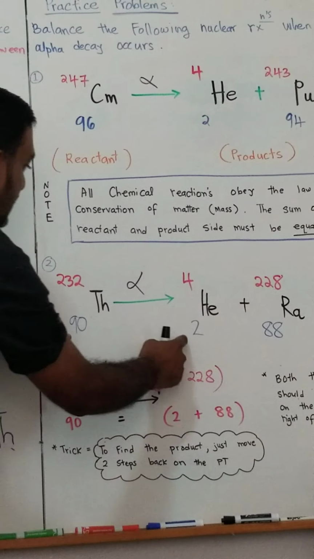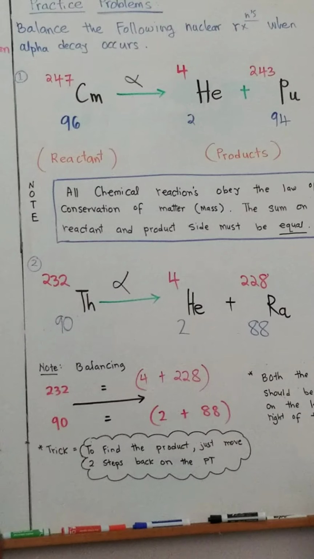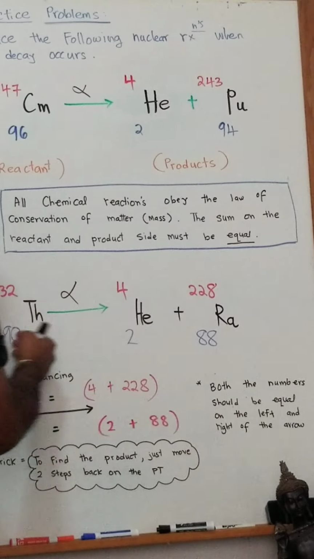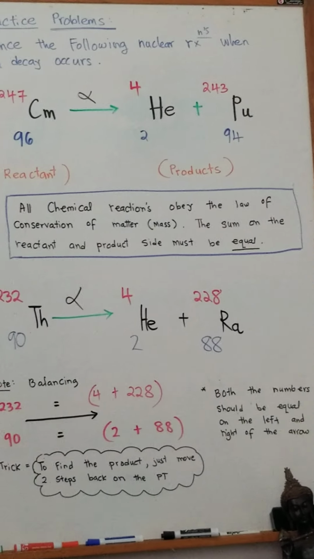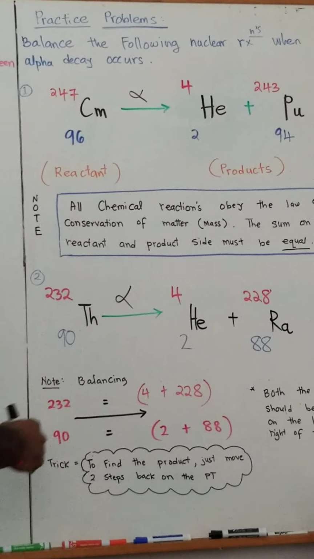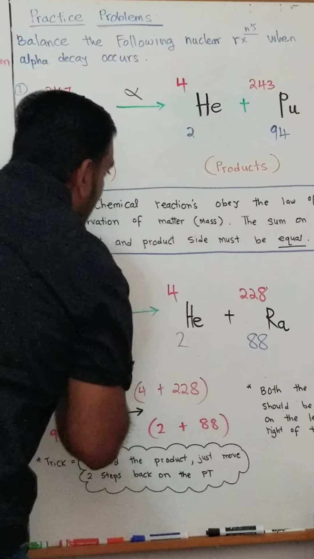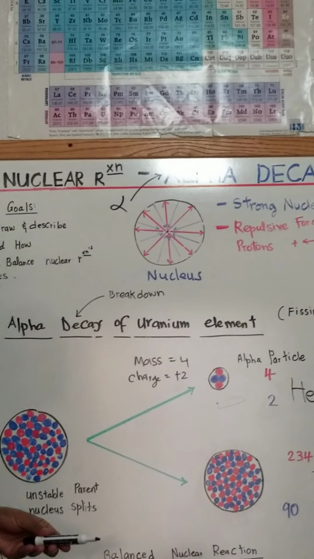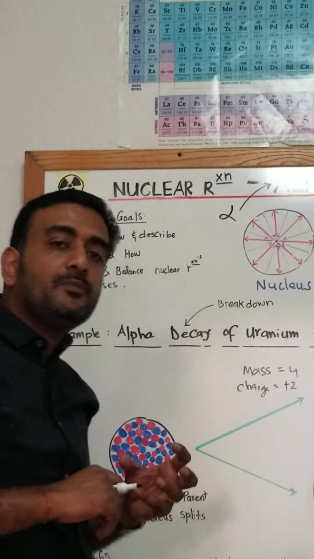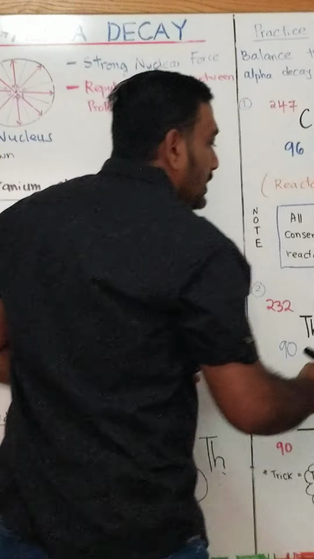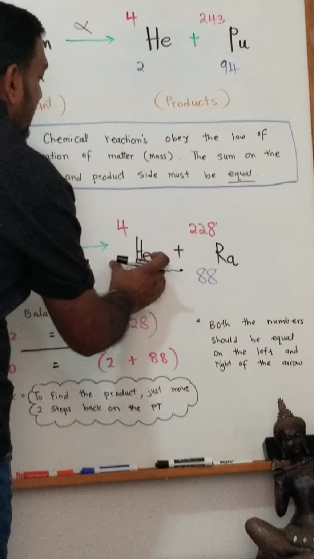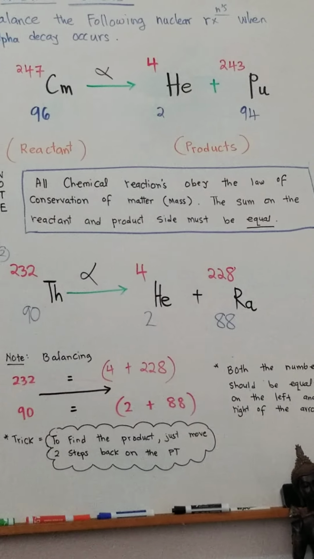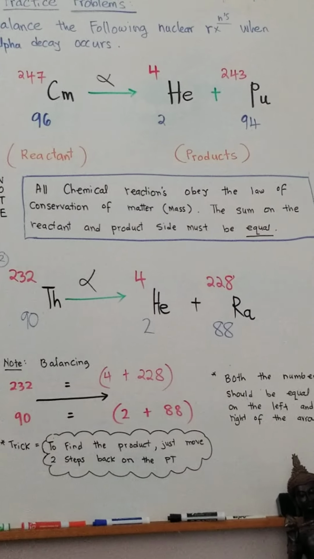If I subtract 2 from 90, I end up with 88. Now, left hand side 90, right hand side 2 plus 88 gives me 90 back. So it must be balanced on both sides. If I look at element 88 on the periodic table, it happens to be radium. So this is how we determine the other particle beside the helium particle that is formed when a big element undergoes a nuclear decay, an alpha decay.